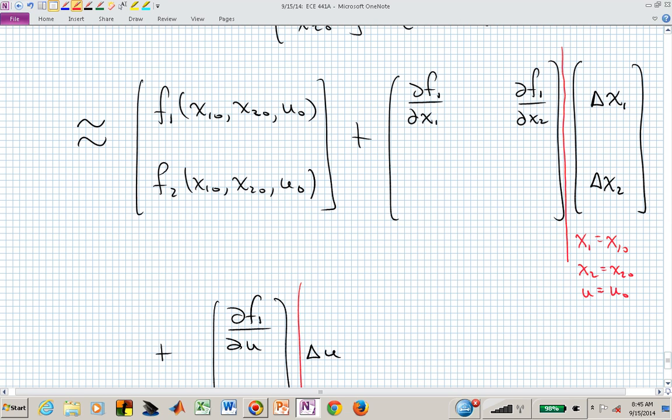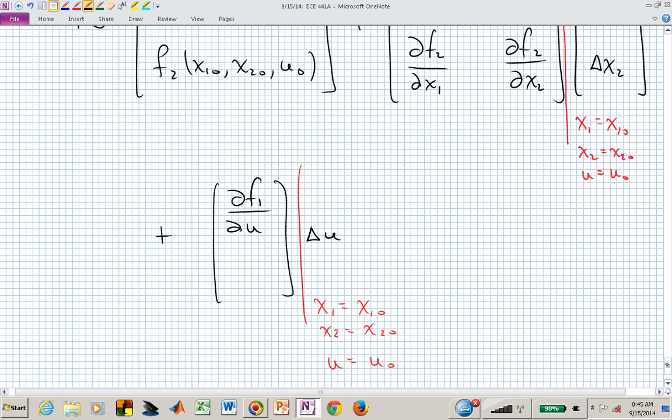This is the second row. This is now the partial of f2 with respect to x1, and that gets scaled by delta x1. Partial of f2 with respect to x2 gets scaled by delta x2. And now down here I have partial of f2 with respect to u.